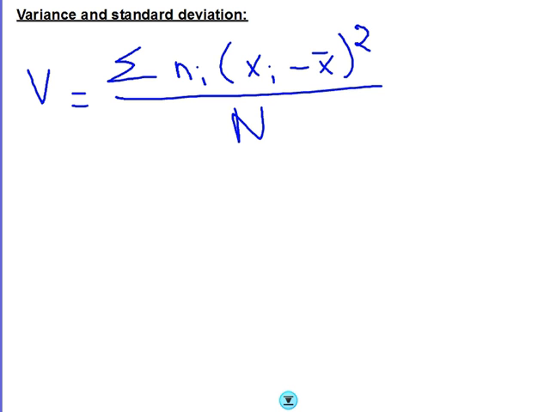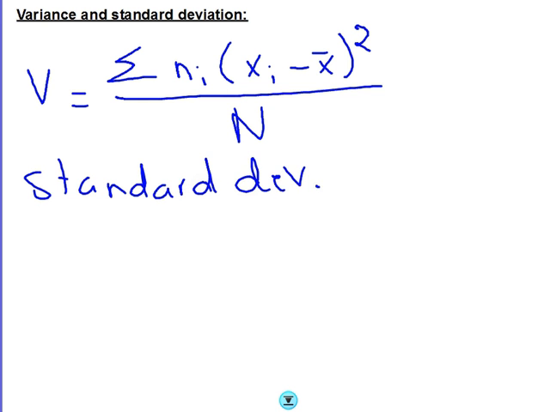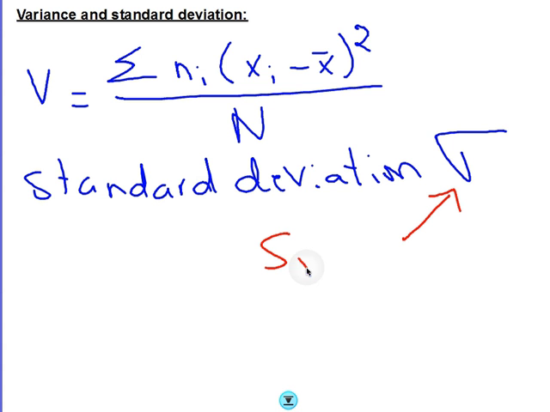So the standard deviation is denoted by sigma. So this notation is read as sigma. Okay, and it denotes the standard deviation.